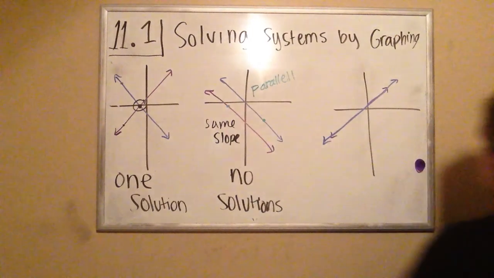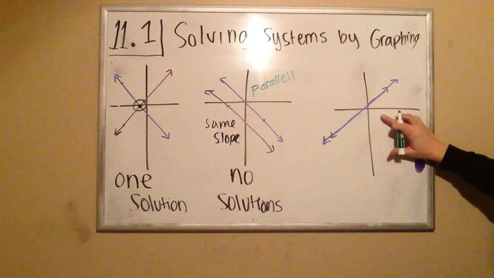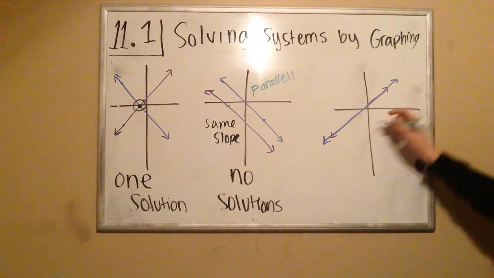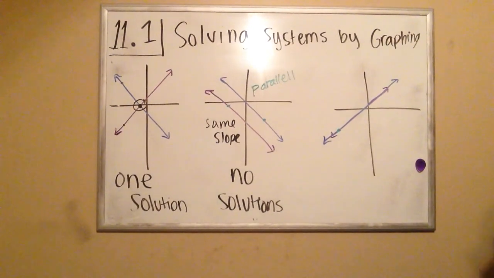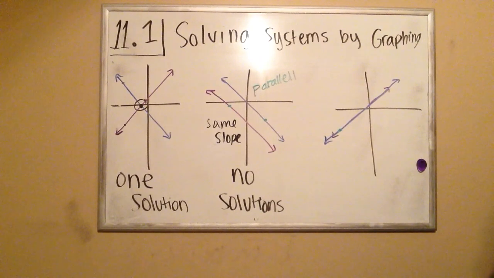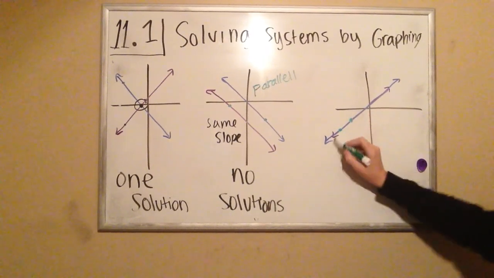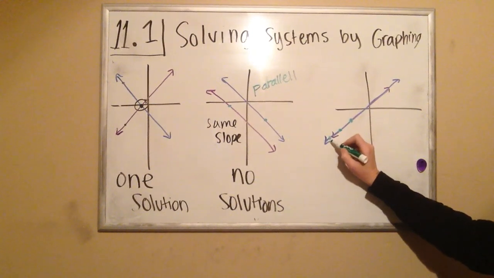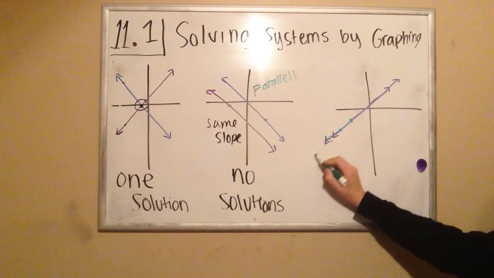Right? The very last one, if we pick a point out here, that does not work. That is a non-solution of both linear equations. So we have to pick a point. Let's try this point here. That point is on both the blue line and the purple line. It's a solution of both equations. So that's a solution. What about here? That lies on the blue line and the purple line, solution of both. What about here? That's on the blue and the purple. Even though the blue line stops here, there's an arrow that tells us that it goes on forever.